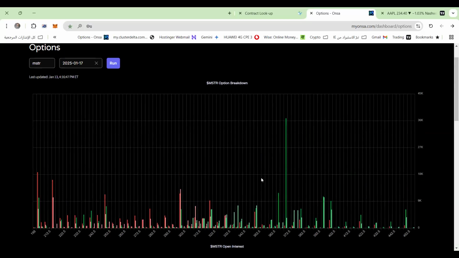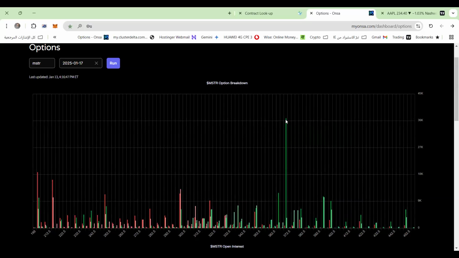What does it mean? Imbalance means that we've got calls and limited puts here. Calls, especially this contract, is very high compared to other contracts. Here we've got around 38 or 36,000 contracts, while the other option, I mean put, for example, is less than 30,000.